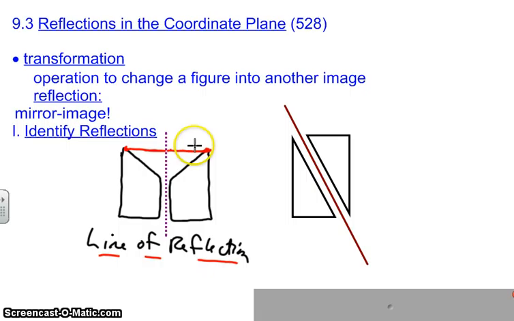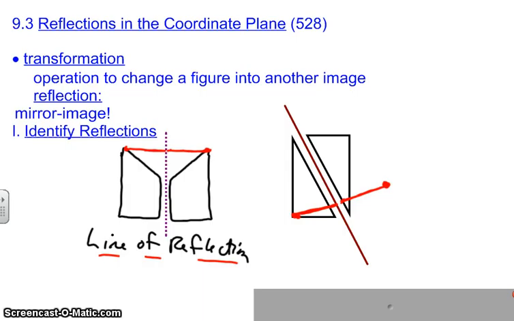Does that work? When it comes to lines of reflection, you're right, that doesn't work because if we just take, let's say, this point here and go straight to the line, okay, we could travel about that same distance this way, and is there a matching point over there? No. So this doesn't have a line of reflection, okay?